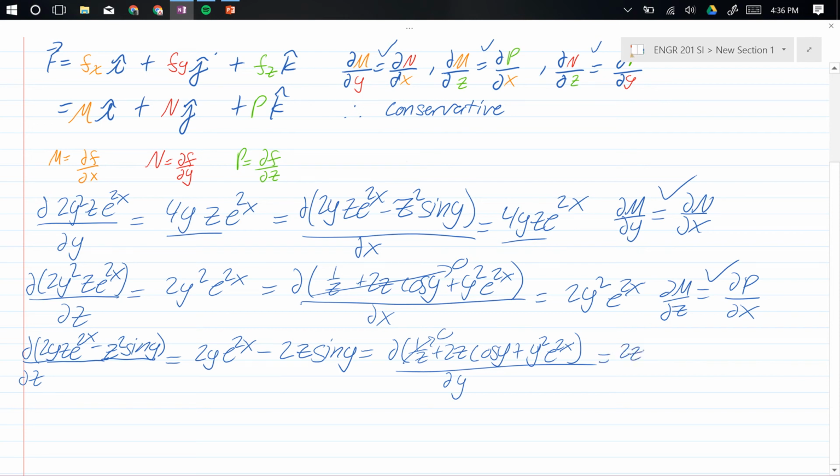So we have 2z, and the derivative of cosine y is negative sine y, now plus 2y e to the 2x. So that's equal, even though the terms are switched, you still have the same signs. So partial of n with respect to z equals partial of p with respect to y. Therefore, f is conservative.